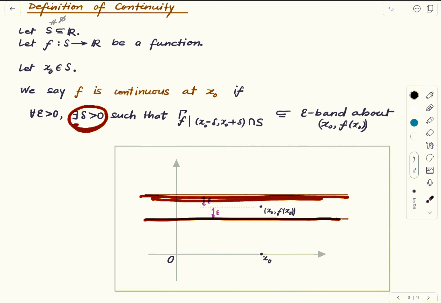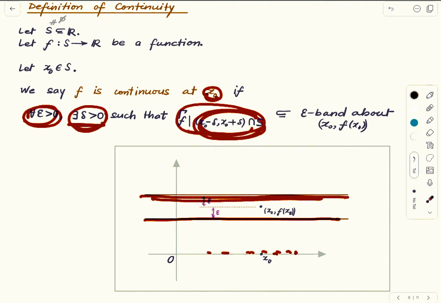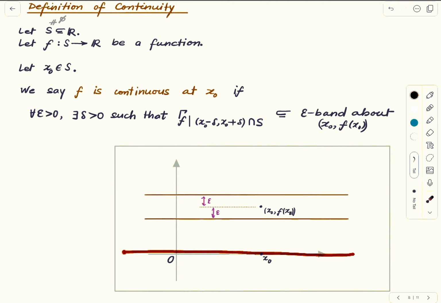For f to be continuous at x0, no matter what this epsilon is, there should be a delta small enough such that the graph of the function above this region, so S could possibly be some horrible thing, but for the sake of understanding, think of S as the entire set of real numbers. So the graph of f above this region, meaning in the delta neighborhood of x0, is trapped within this epsilon band.